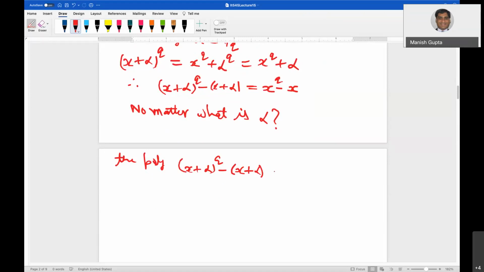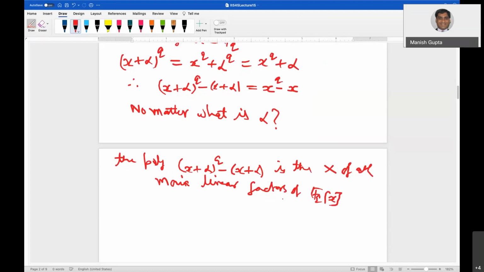Okay, this polynomial is the product of all monic linear factors of Fq[x].